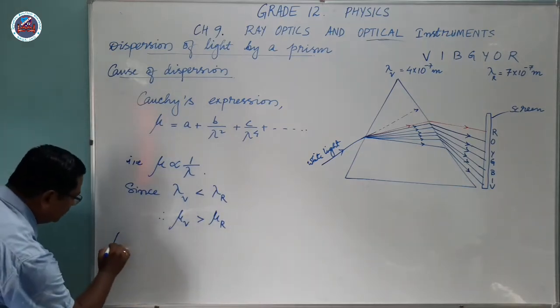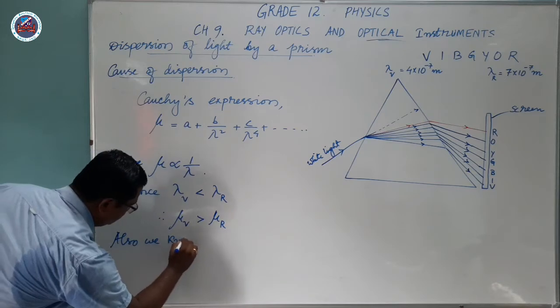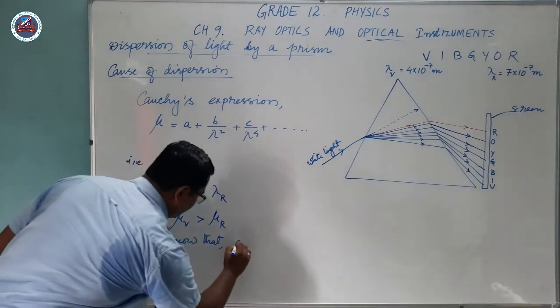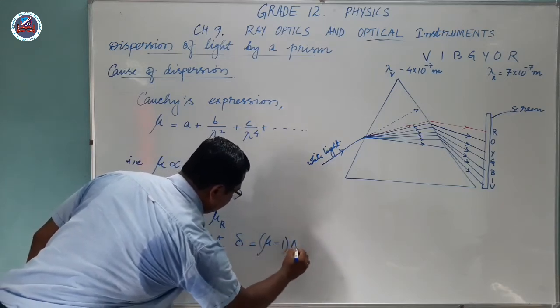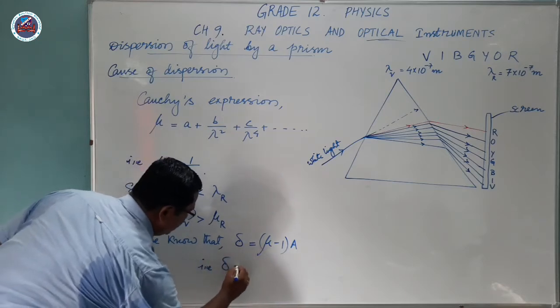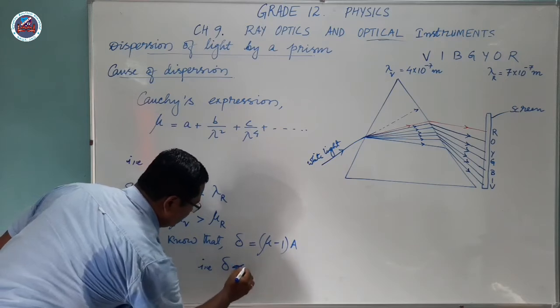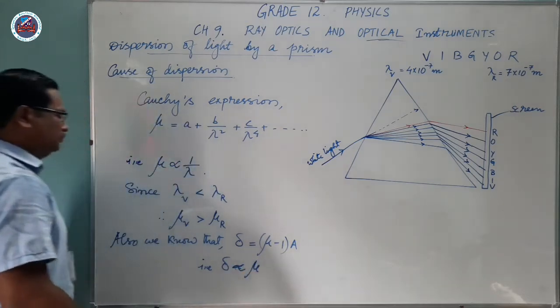Also we know that for a thin prism, angle of deviation is equal to (refractive index minus 1) into angle of the prism. From here, we understand that angle of deviation is directly proportional to the refractive index μ.